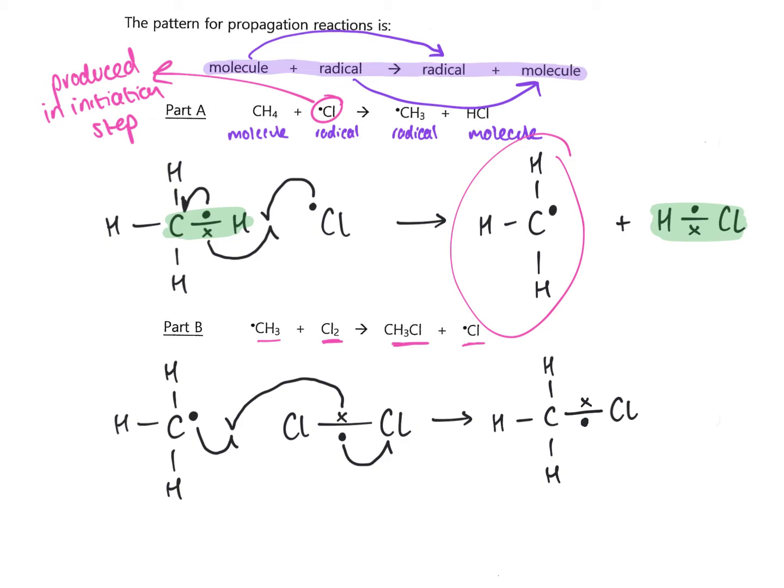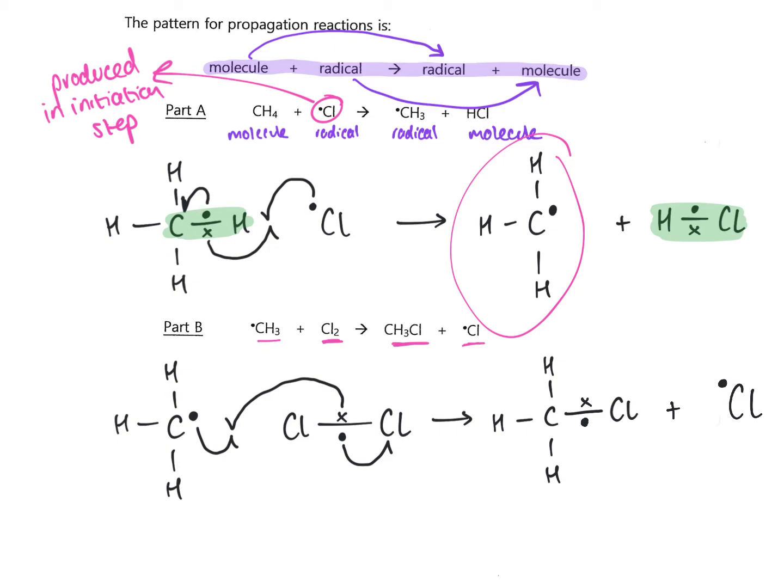So that little X represents that. What else do we produce? Well, a chlorine radical has now been produced as well, because of the homolytic fission of that chlorine bond, where one of the electrons moved to that chlorine atom. So it now is a chlorine atom with an unpaired electron, making it a radical.